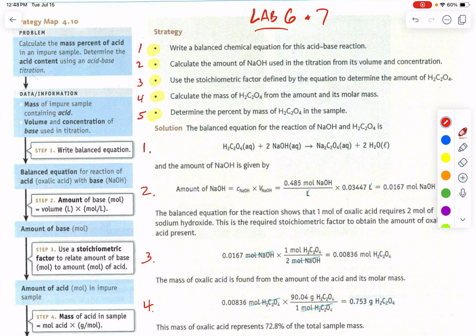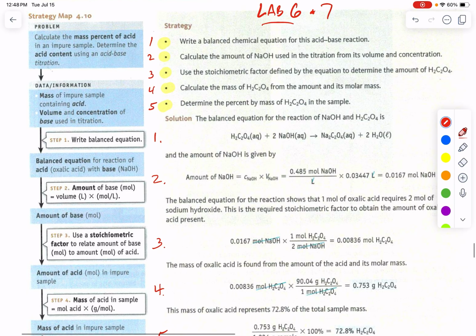So in this particular math problem, which is also Lab 6, you can see the flow chart or the schematic diagram of what you'll be doing over here. It is summarized in these bullet points, which I've numbered right here.